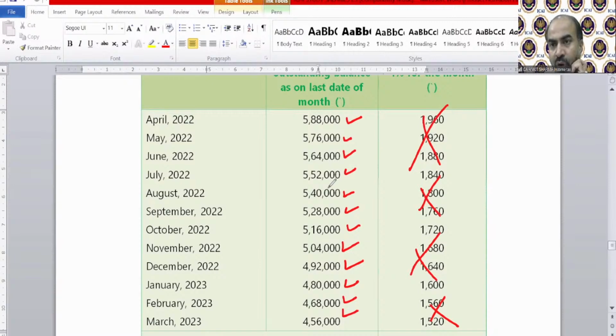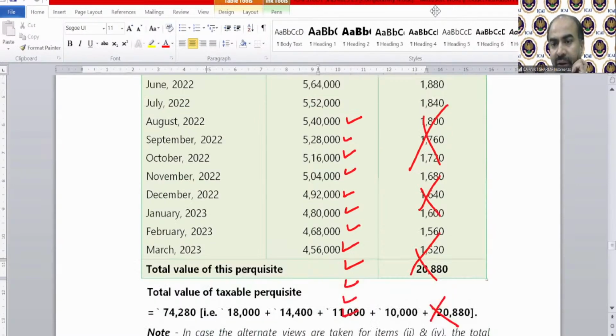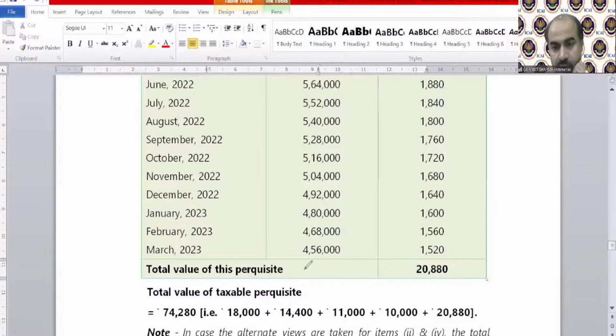Now you need to do only this. The total of this needs to be calculated. Now find out the total of all these 12 values. This column total will be 62,64,000.